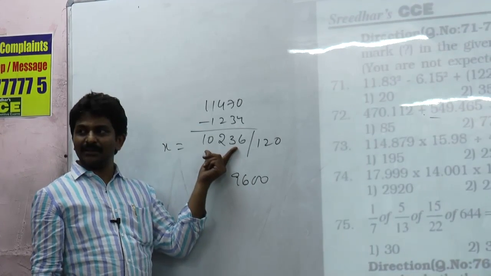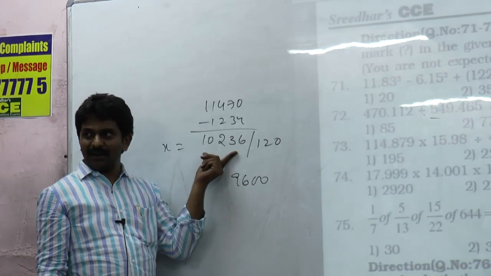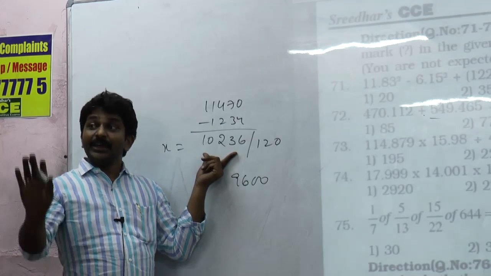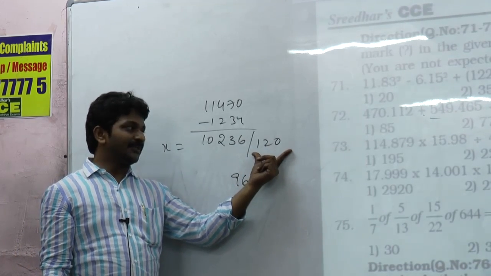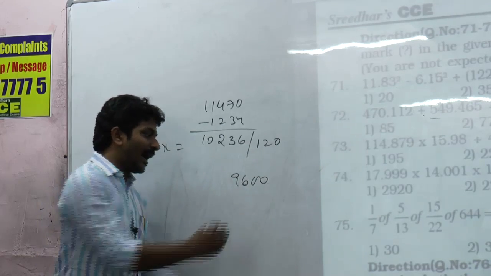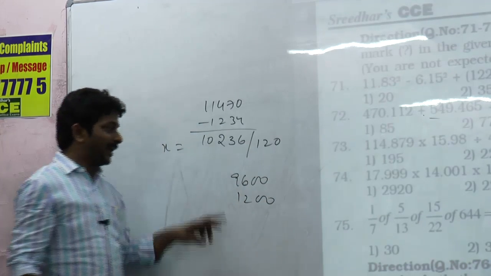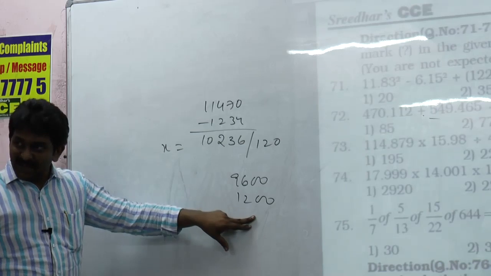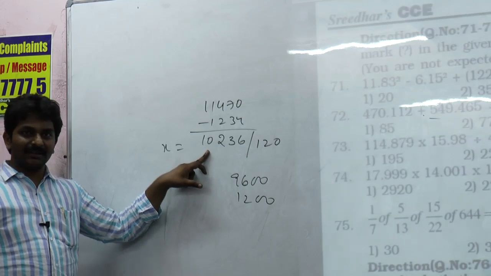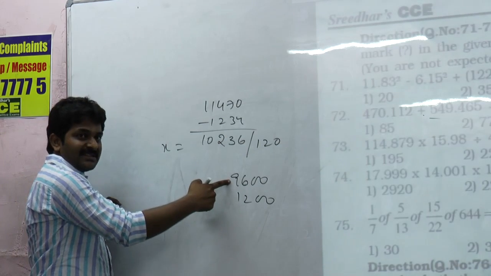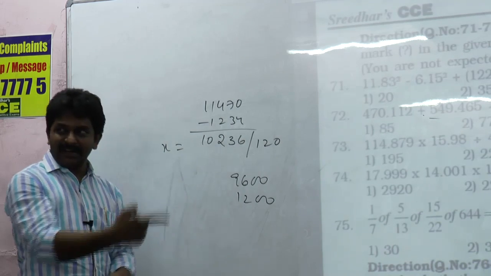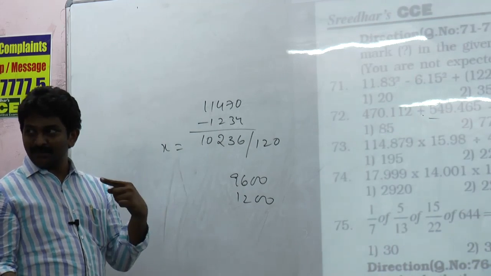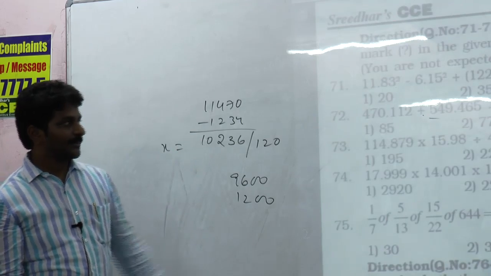You have more than that. Answer is more than 80. If it is 90 times, you need to add 10 times. 10 times of this number is 1200. If you add 1200 here, that becomes 10,800. But we have less than that. This is 80 times. This is 10 times. So answer is more than 80 times, but less than 90 times. Look at your options. 85.